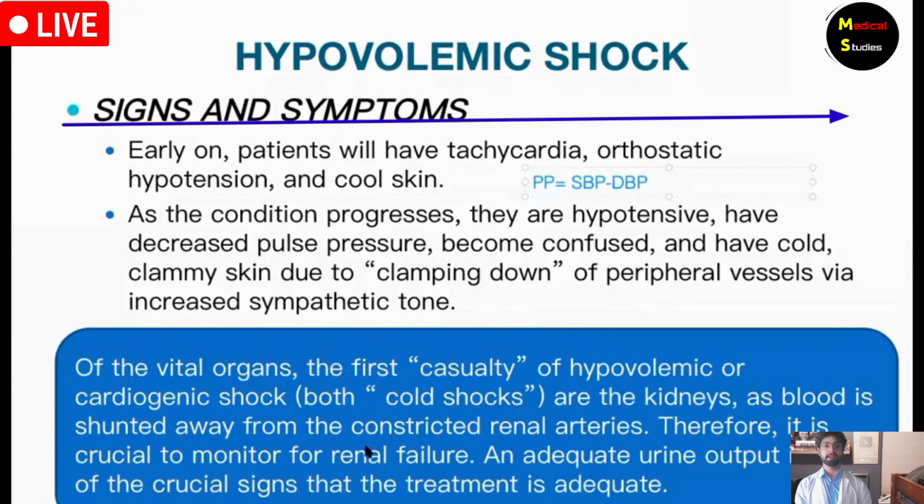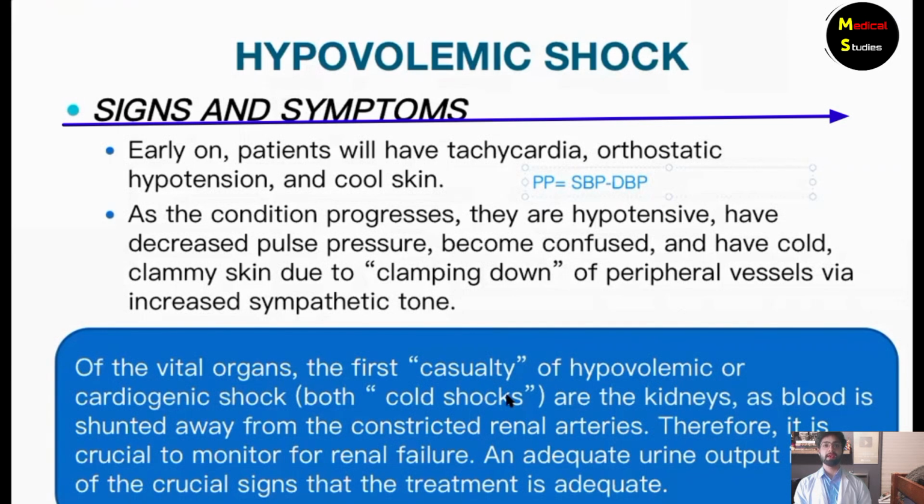There is increased resistance for the heart to push the blood into the blood vessels, so the diastolic blood pressure is maintained and the systolic blood pressure falls. So if we consider these two points, the pulse pressure will decrease. It does not increase, it decreases.